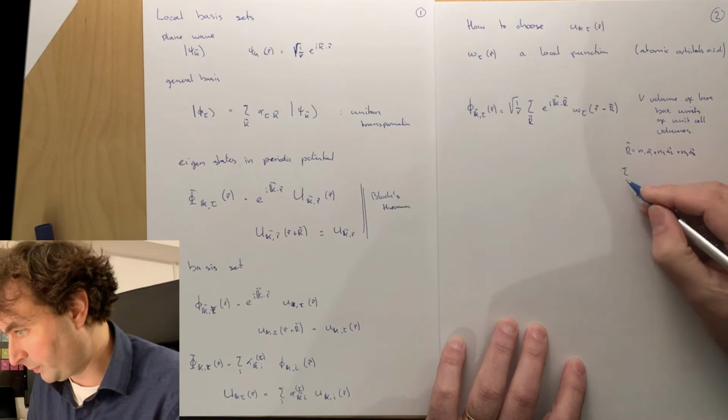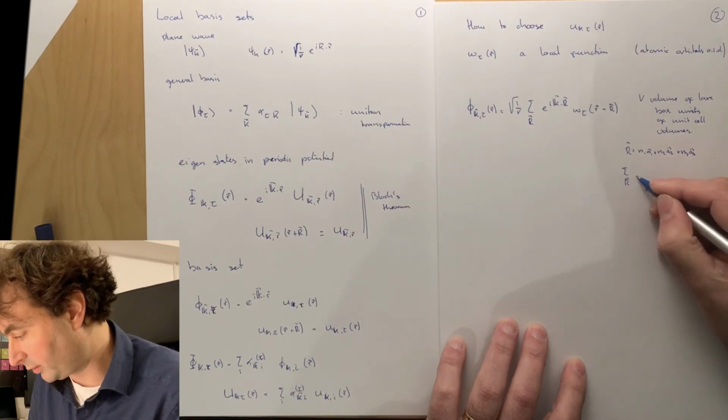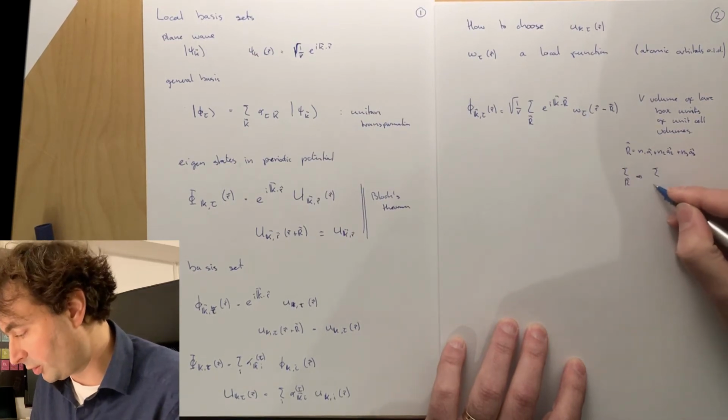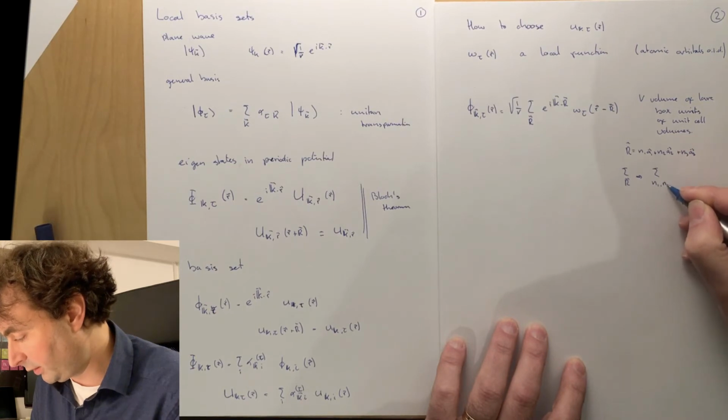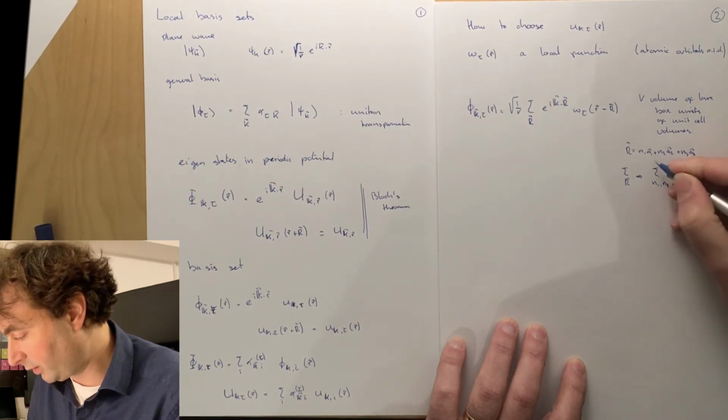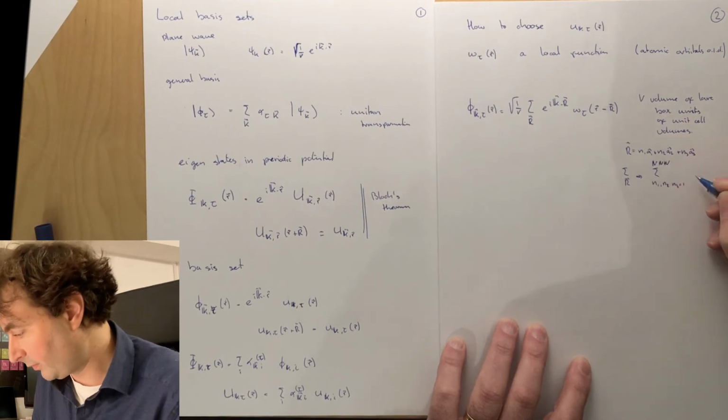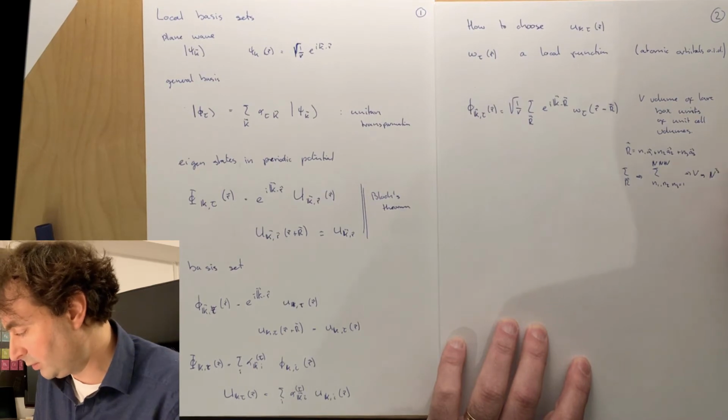And the sum over all lattice vectors can also be written as a sum over n1, n2, n3 from 1 up to capital N, such that the volume becomes equal to N cubed.